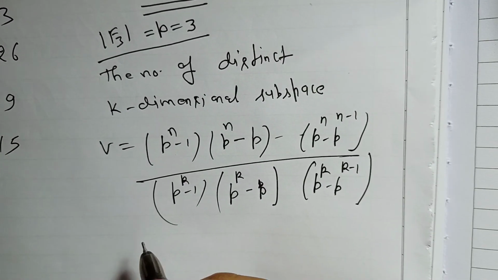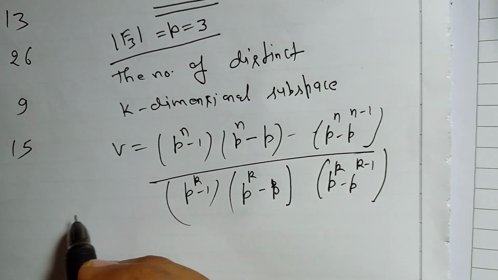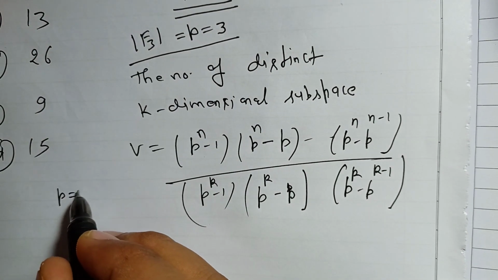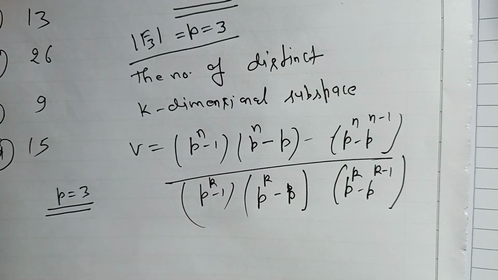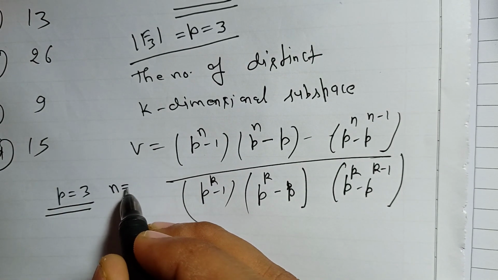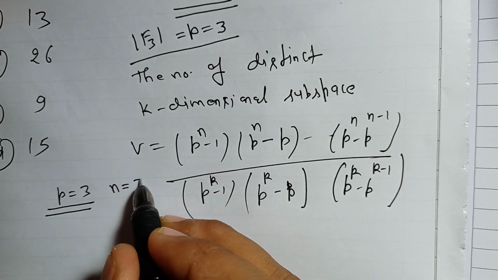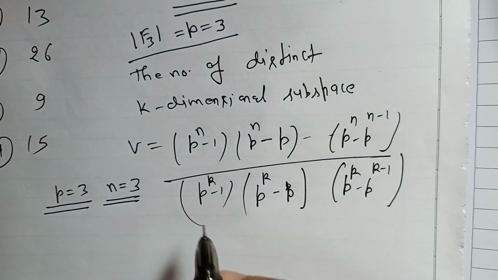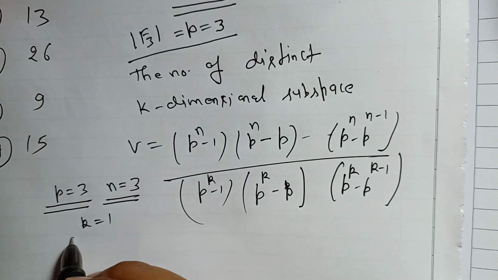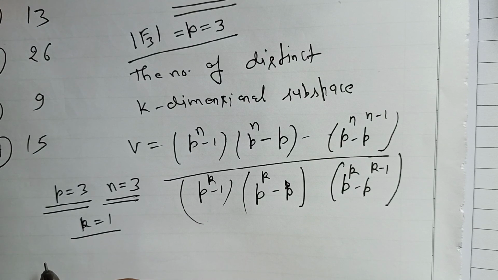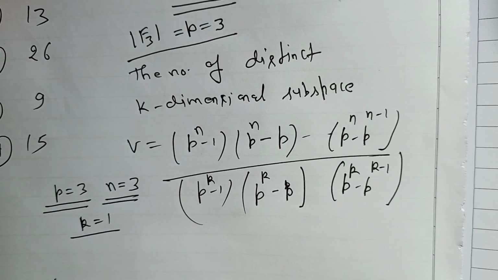Here p is the cardinality of the field, so p equal to 3, n equal to 3 and k equal to 1.